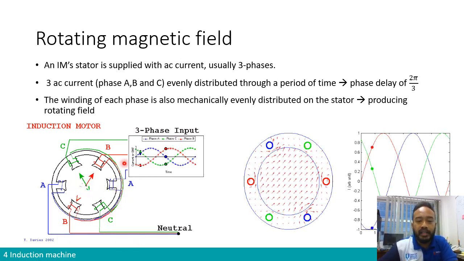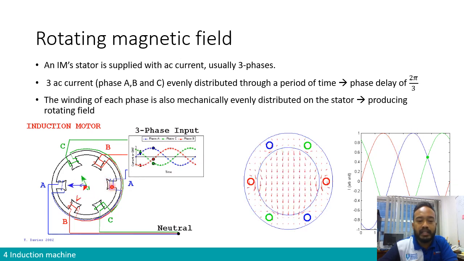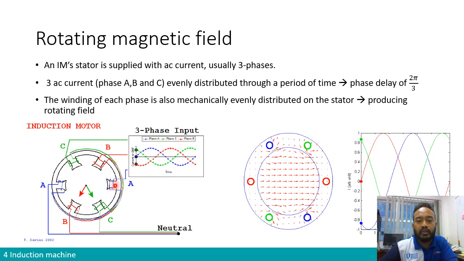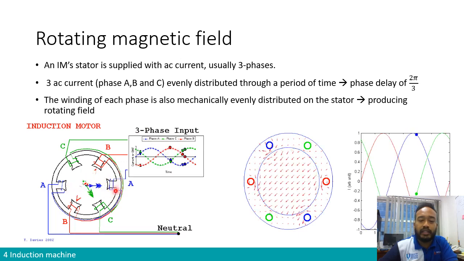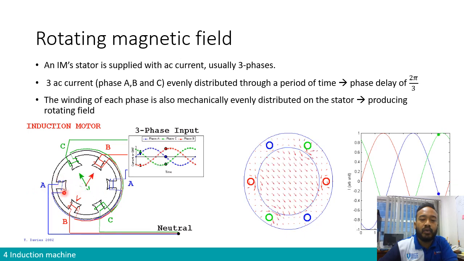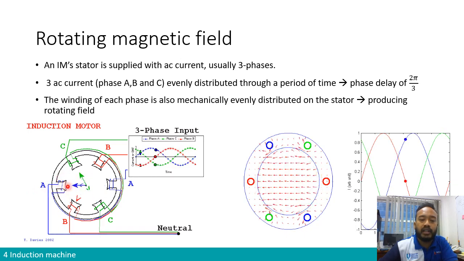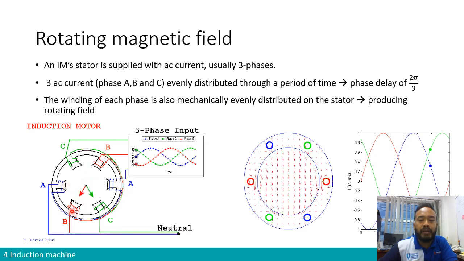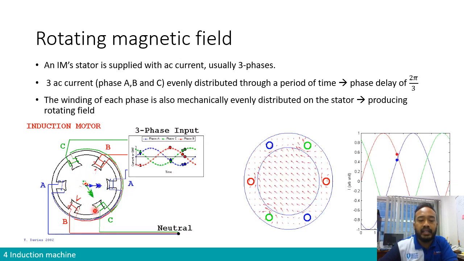So you can see over here in the structure of the machine, this is the stator. You have A and A' over here. So there are two teeth, this is what we call teeth, right, where you have winding rolled around it, coils around it. So you have A A', you have B, and C C'.